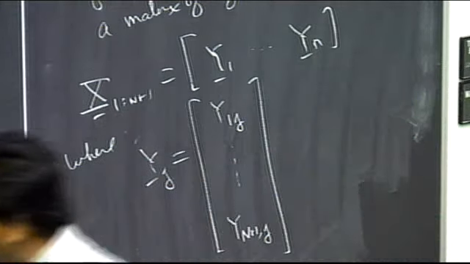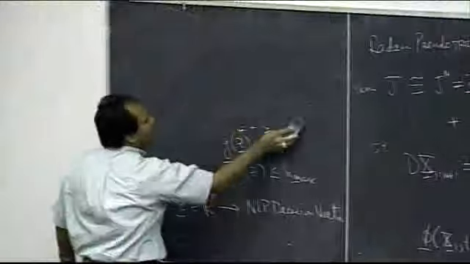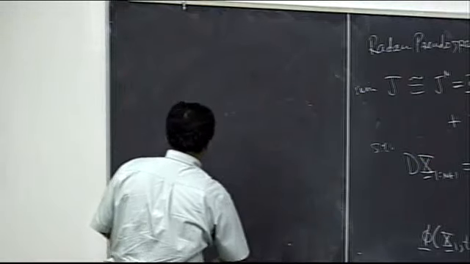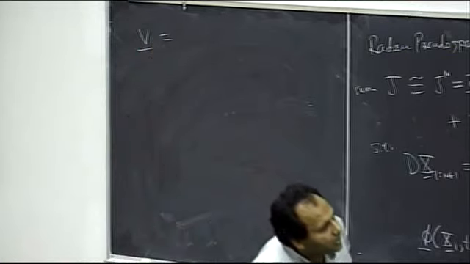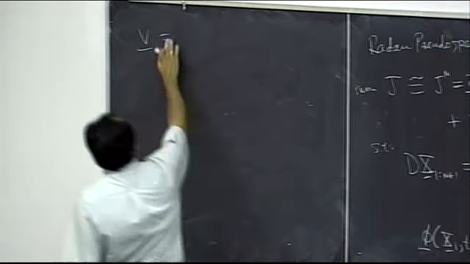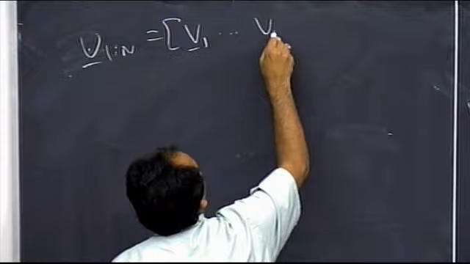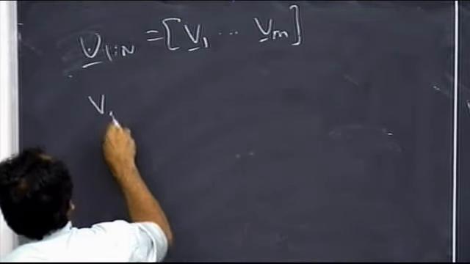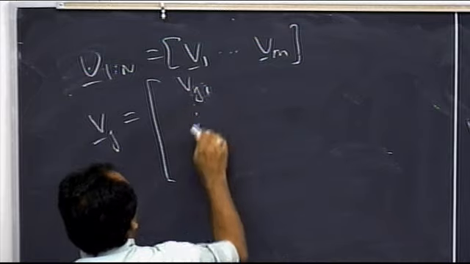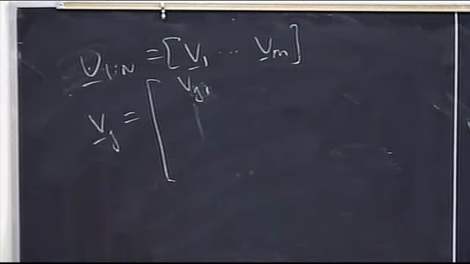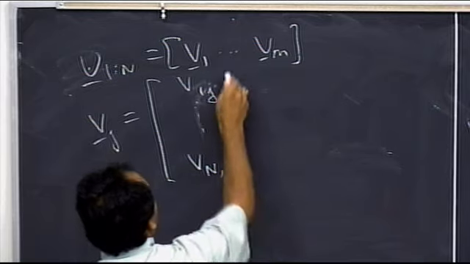If I do the same thing with u, I can call it v, so u, 1 colon n, is equal to v1 up to vm, where vj is equal to v1 comma j, all the way up to vn comma j.